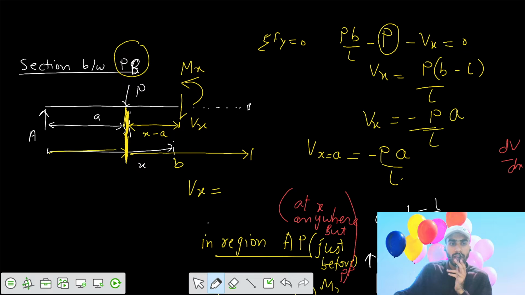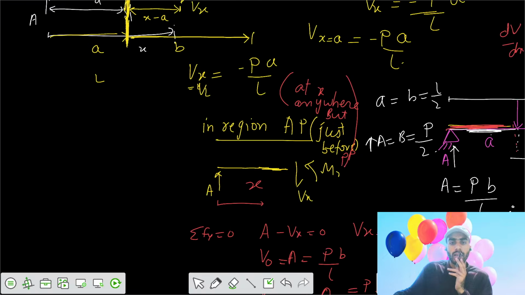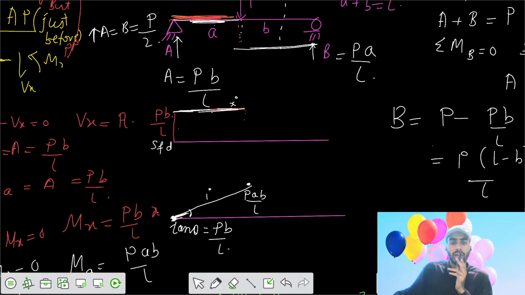If x has already reached a, then a plus b equals L. So if x equals L, shear force at L equals minus Pa by L. So it's also a constant value of minus Pa by L. Now if you want to plot it, there is a negative value of minus Pa by L just before and just after, then it's a constant value till it reaches point B. So all this value is also minus Pa by L.